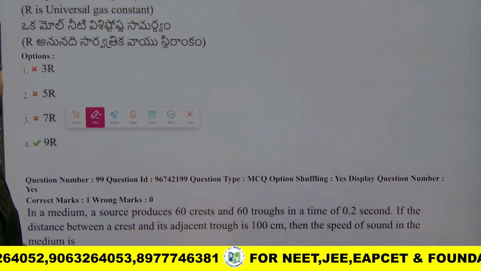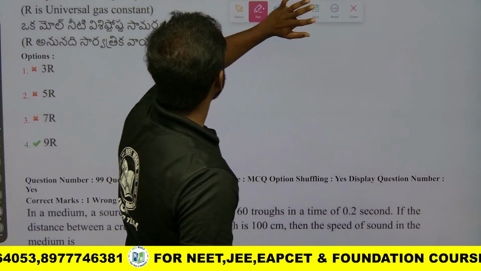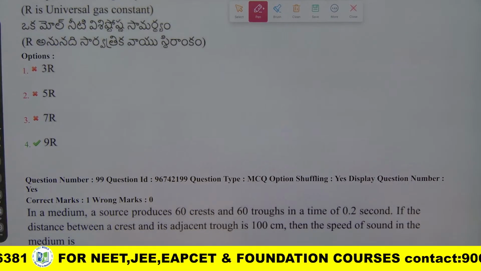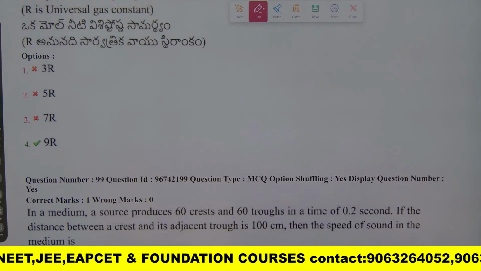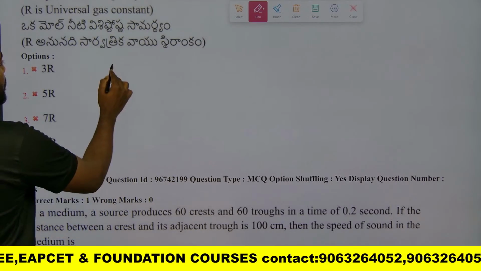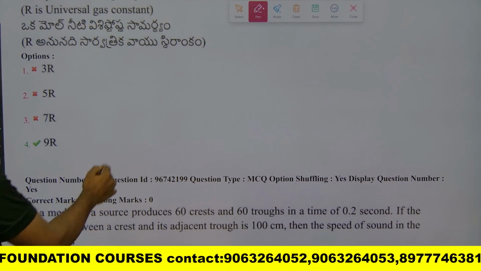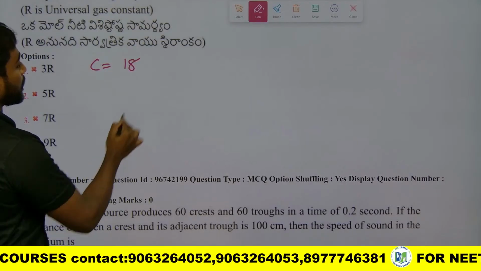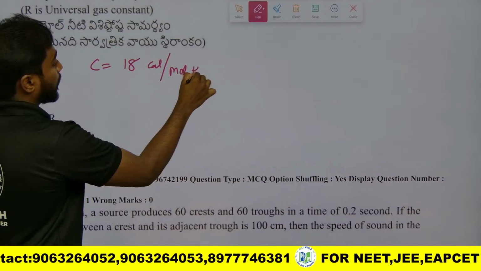I need to find the specific heat capacity of 1 mole of water, in terms of R. So what is the specific heat capacity of water? C equals 18 calories per mole Kelvin.